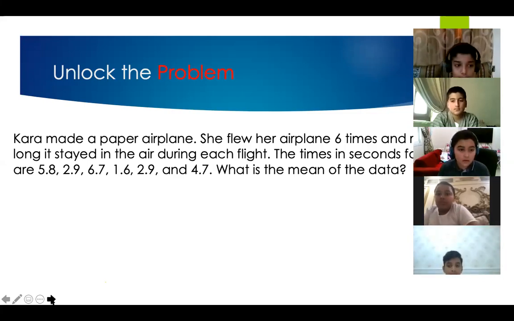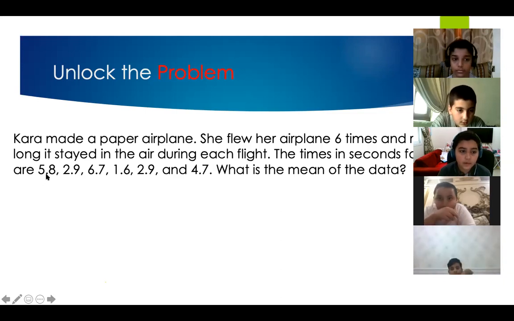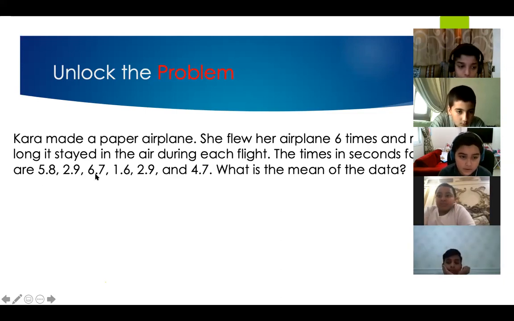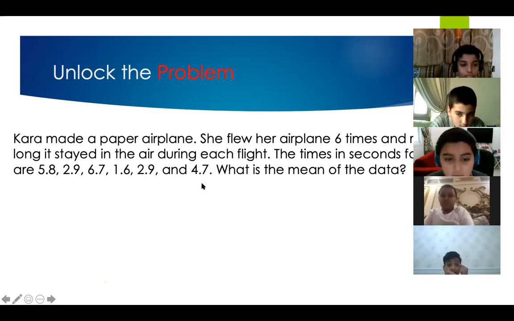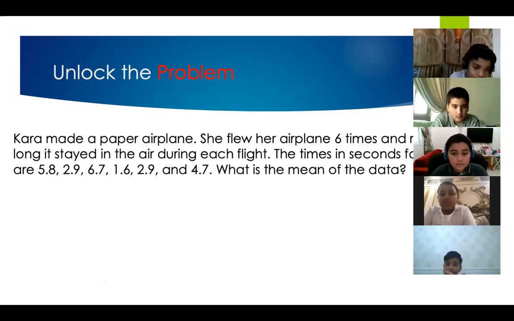What shall I add up? Which numbers do I have in this set? You have 5.8, 2.9, 6.7, 1.6, 2.9, and 4.7. Amazing. So these are the numbers I have.